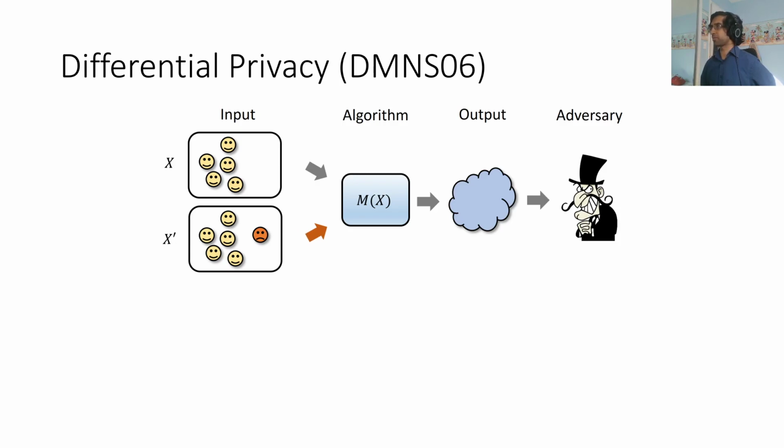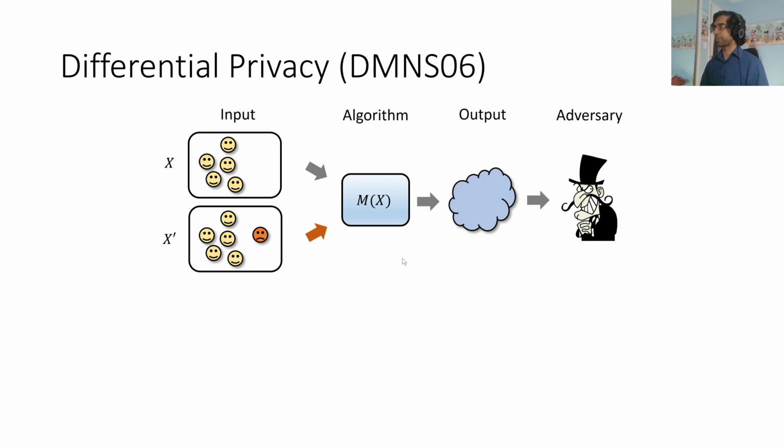Essentially, what differential privacy says is, if they are unable to get a significant advantage over random guessing, then we say that the algorithm is differentially private. You can perhaps see what this means for the algorithm to be private in the sense that, if they can't even tell if you, where you is this frowny face, are in the dataset or not, then they can't possibly infer anything about you.